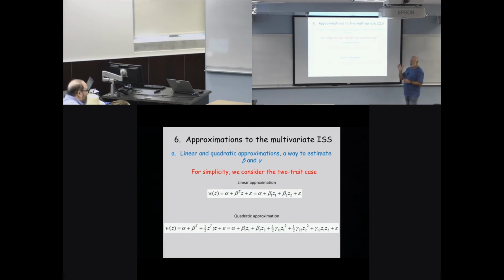Let me just tell you what you're going to do. The best way to estimate the betas is to do a linear approximation first and estimate the betas here, and then do a quadratic approximation and estimate the gammas, the 3 gammas in the two-trait case, from here. Now I'm going to give you an almost unintelligible explanation for why that's so.